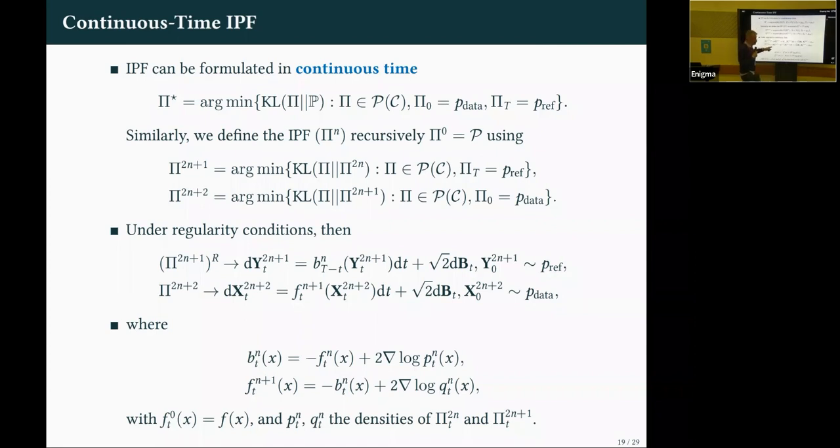Then when you go to the next iteration, you have a forward SDE, which is initialized at the distribution of the data, and its drift is obtained by time reversing the previous SDE. So this is the recursion you have for the drift, and each time the score of the previous SDE pops up. And you can do the same thing with score matching and so on, and you can approximate that numerically.